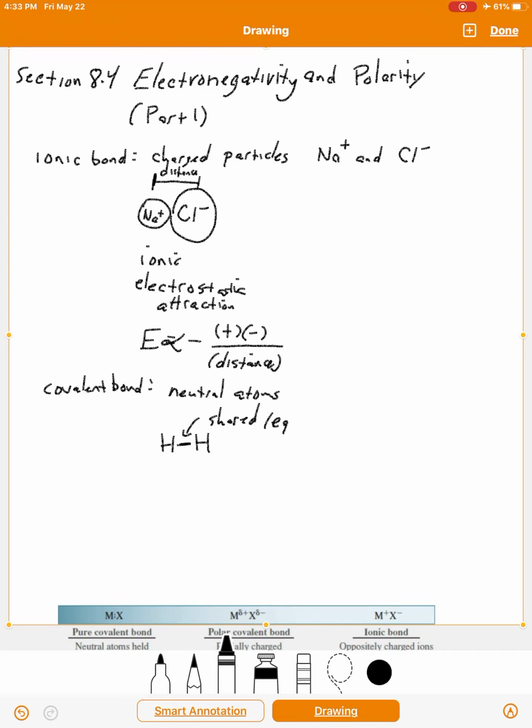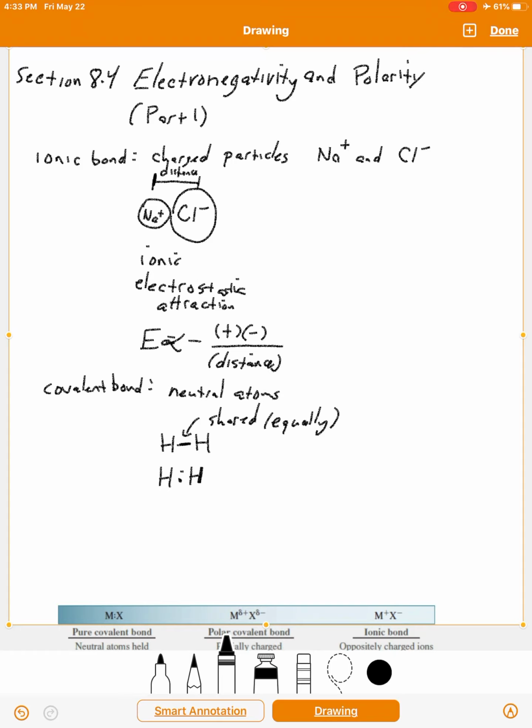I'll put in parentheses equally, right? If you recall, the two electrons that are in that molecule are shared by the two hydrogen nuclei. So it's what we would call a covalent bond, okay? In fact, we might call it a pure covalent bond because we would claim that those two electrons are shared just perfectly equally by the two atoms.